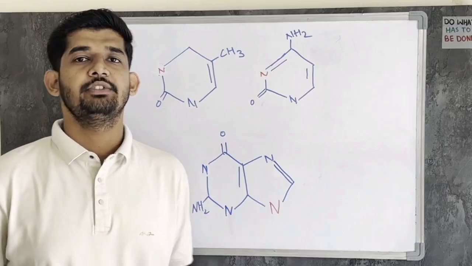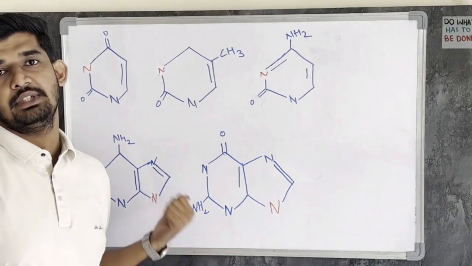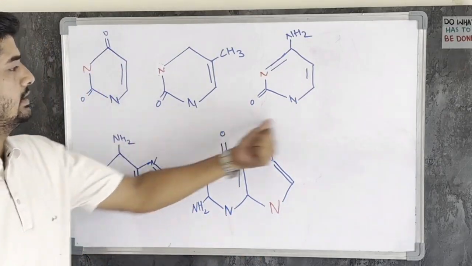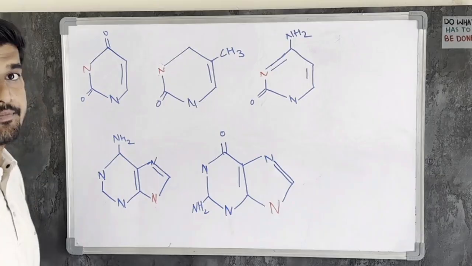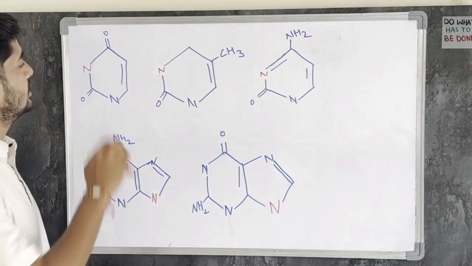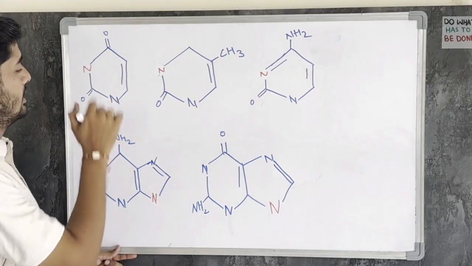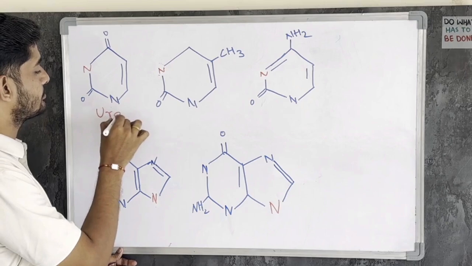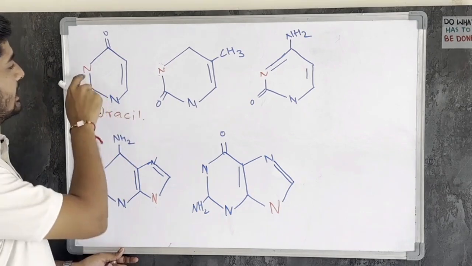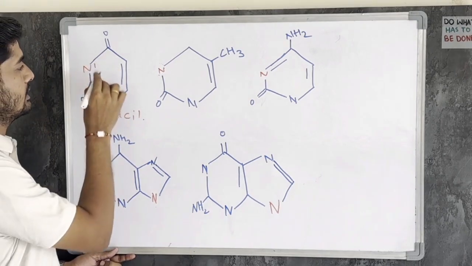Now we will proceed with the structures of the purines and pyrimidines. So we can see these structures are already drawn here. Now we will see them one by one. So this first structure is the uracil. Here we will start the numbering.